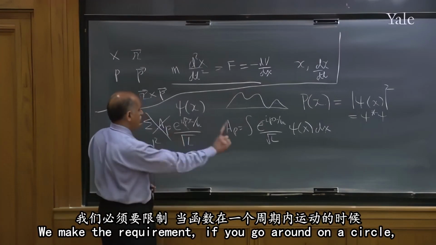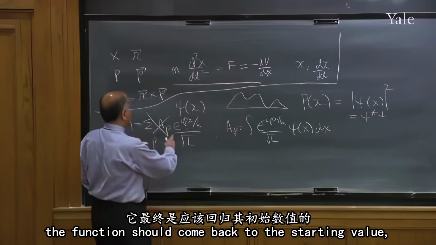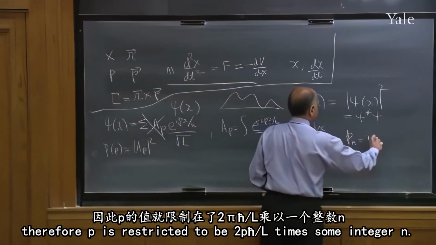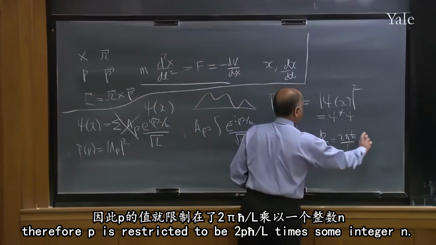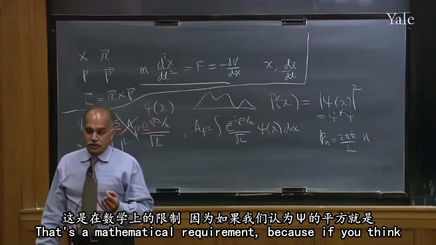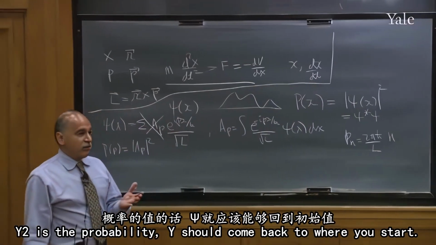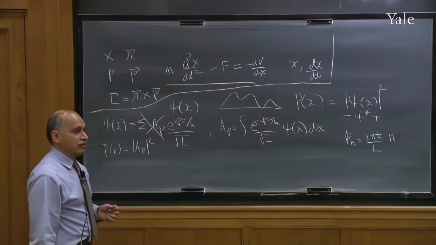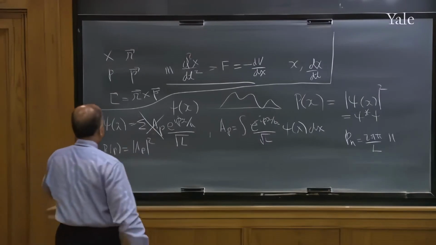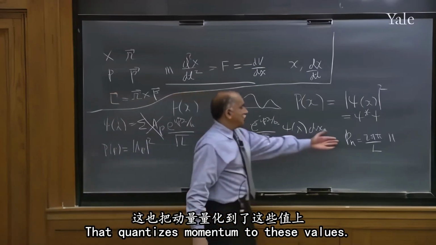We make the requirement if you go around on a circle, the function should come back to the starting value. Therefore, p is restricted to be 2 pi h bar over L times some integer n. That's a mathematical requirement because if you think psi squared is a probability, psi should come back to where you start. It cannot get two different values of psi when you go around the circle. That quantizes momentum to these values.